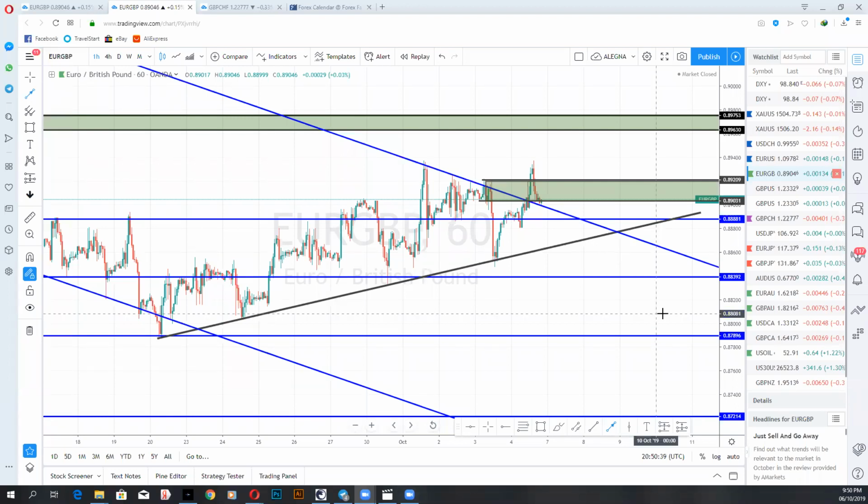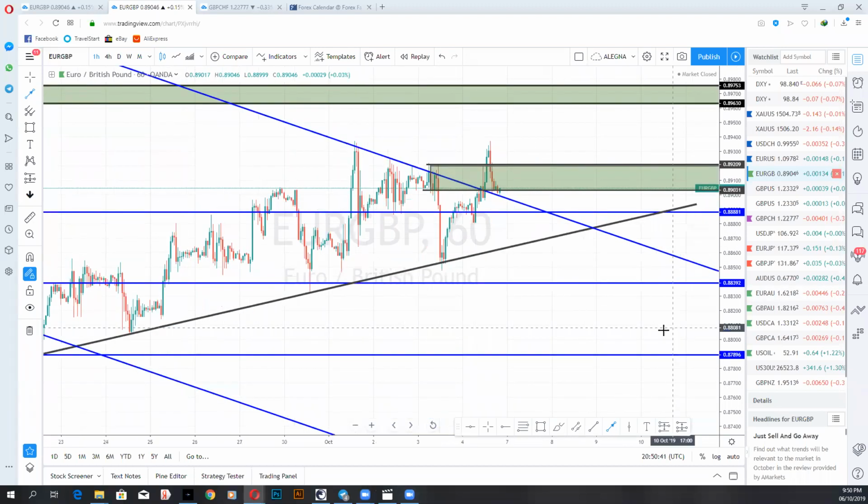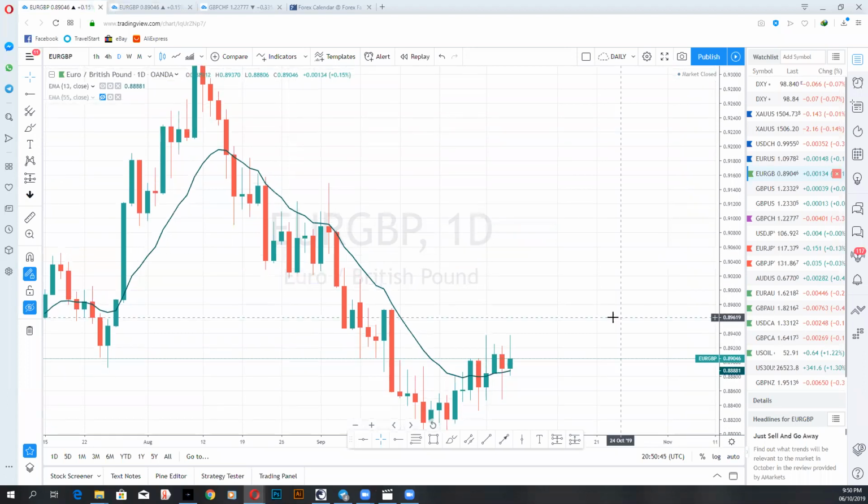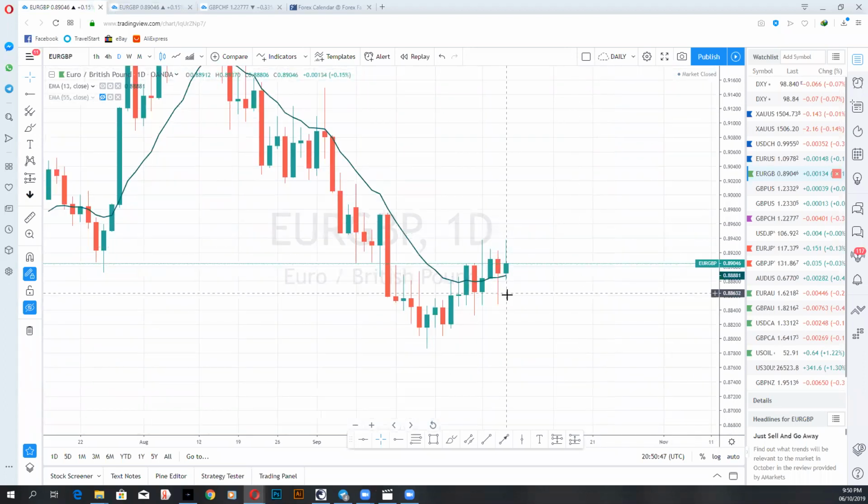Okay, so looking at this setup now, you can see that the Euro GBP from a daily perspective is still looking slightly bullish. There's a possibility it might still try to run to the top side, but it's having a bit of challenge at this current level now.